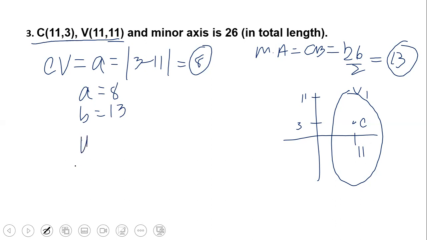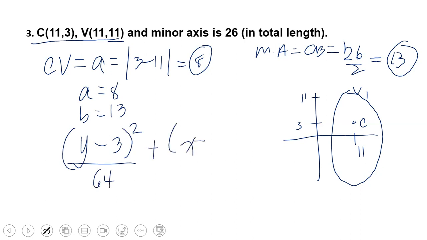So you also have (y minus 3) quantity squared over a squared, which is 64, plus (x minus 11) quantity squared over 169 is equal to 1.